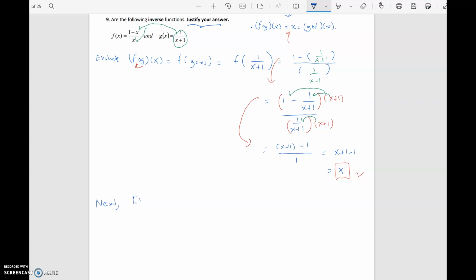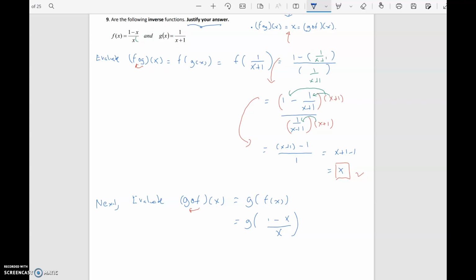we evaluate g of f of x, and we're now plugging f into g. So g of f of x, where f is equal to 1 minus x over x.